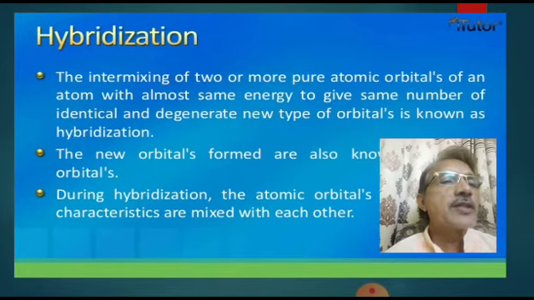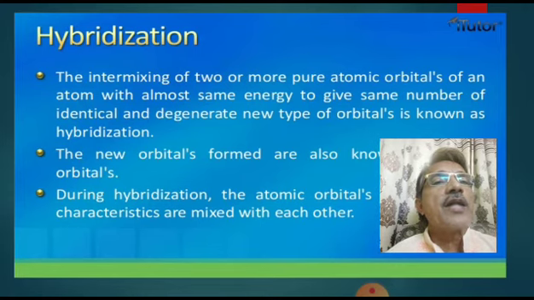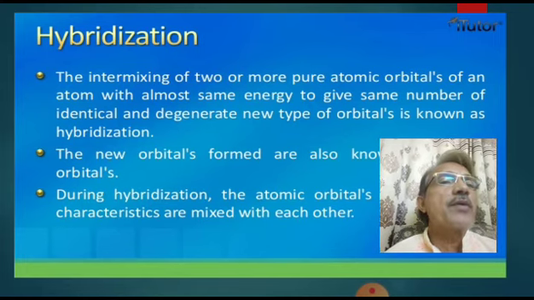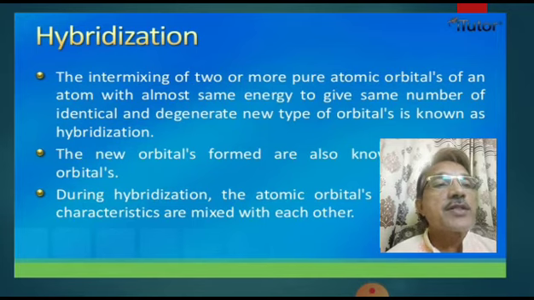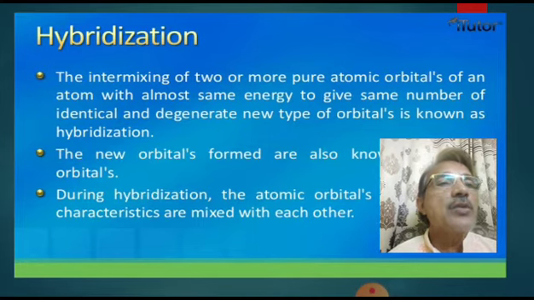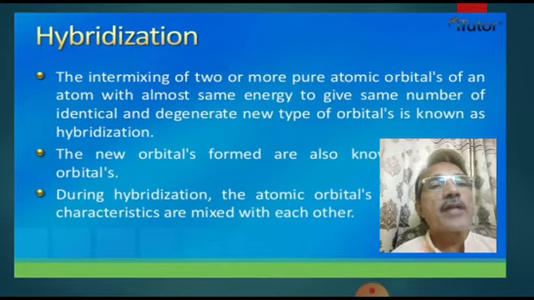Now, hybridization. The concept of hybridization will be discussed in detail. The intermixing of two or more pure atomic orbitals of an atom with almost the same energy to give the same number of identical and degenerate new type of orbitals is known as hybridization.